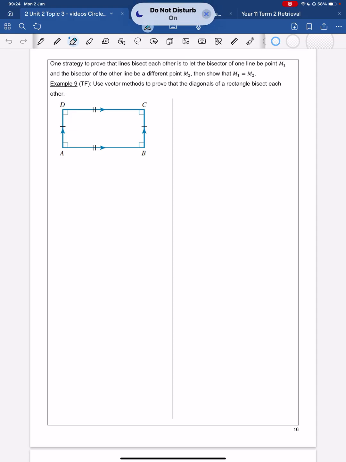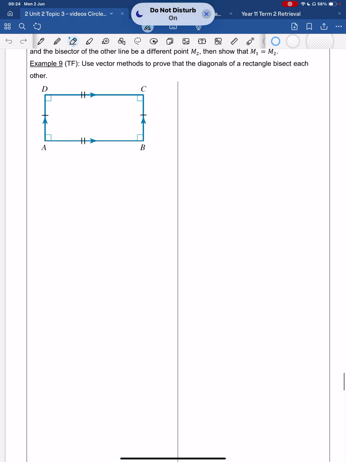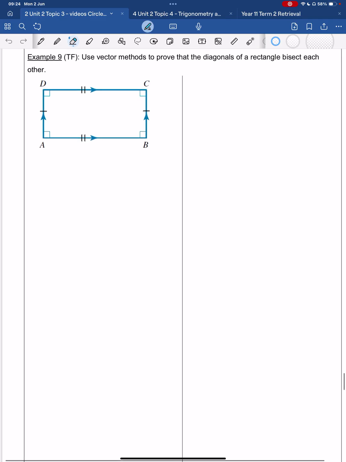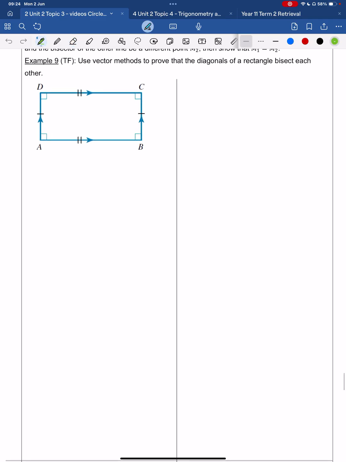Right, so here we have been asked to use vector methods to prove that the diagonals of a rectangle bisect each other. So if I can prove that the bisector of one line and the bisector of another line are the same point, then the lines must bisect each other.